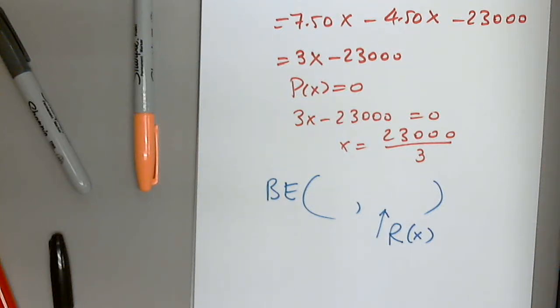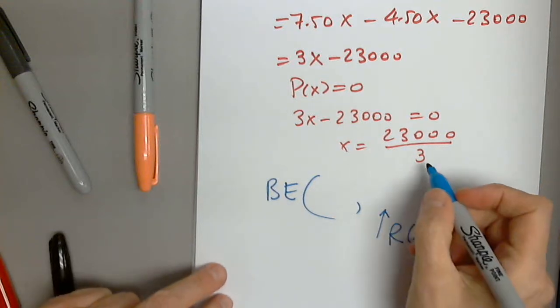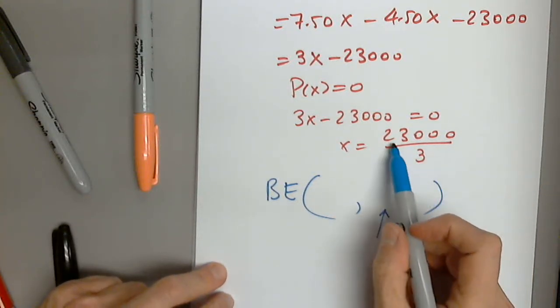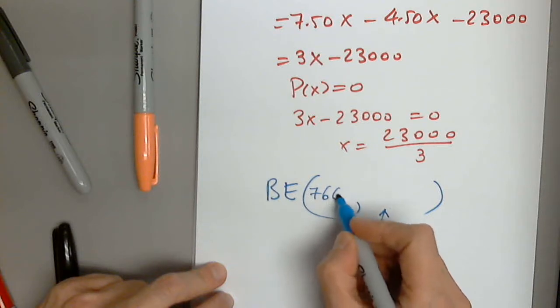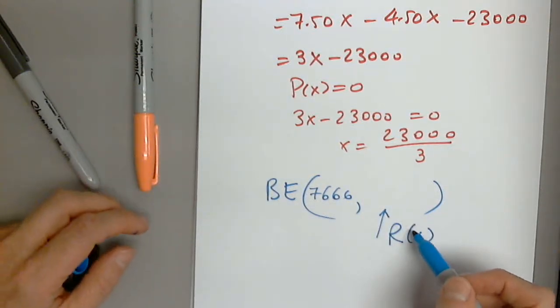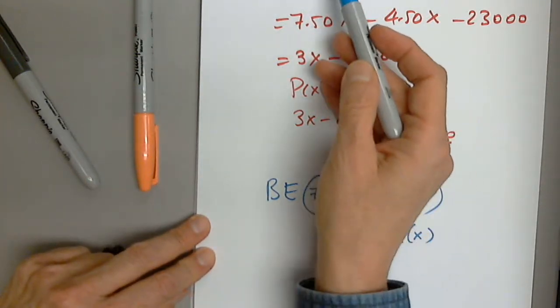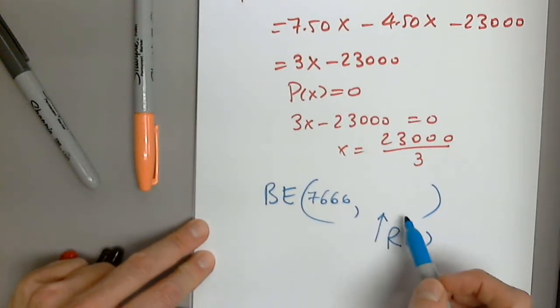So when we divide 23, what is that? 7,000 what? 666.66. How much? 7? Okay, perfect. So now give me the revenue. So multiply this number by 7.5.